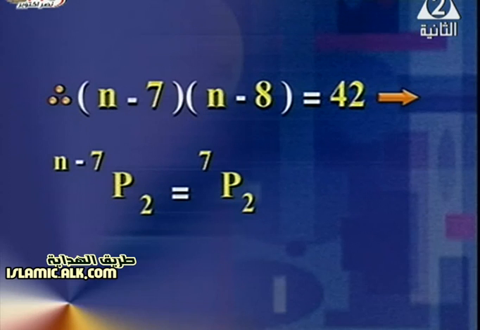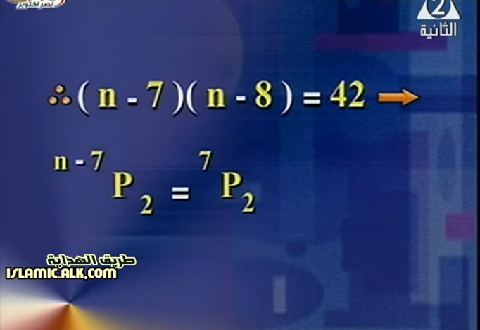Yes, in this case, dear student, n minus 7 P2 equals 7P2. n minus 7 times n minus 8 divided by 2, then n minus 7 permutation 2 is 42, 7 times 6, 7P2. Look at n minus 7 equals 7. Therefore, n equals 14. By the second method, when we multiply bracket times bracket equals 42, look at n equals 14.